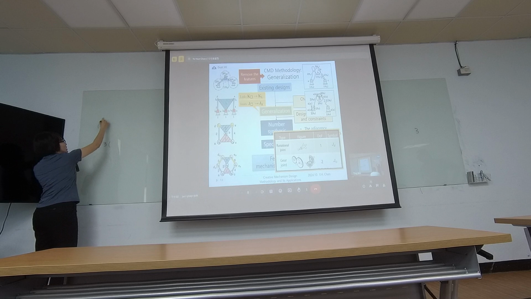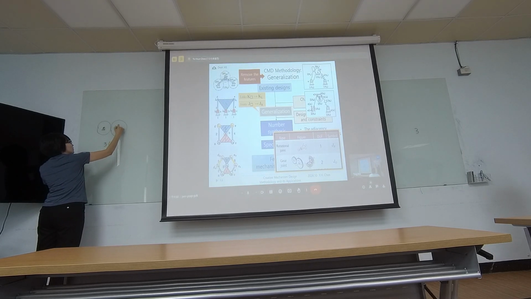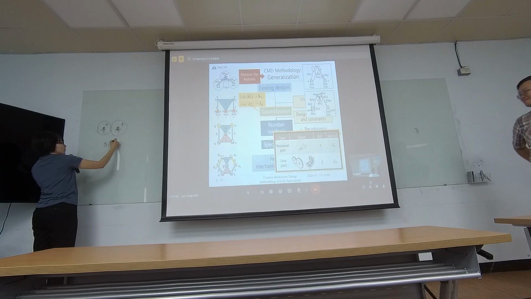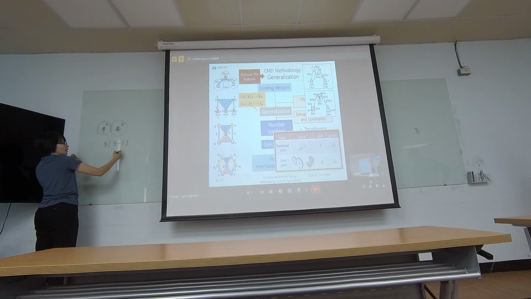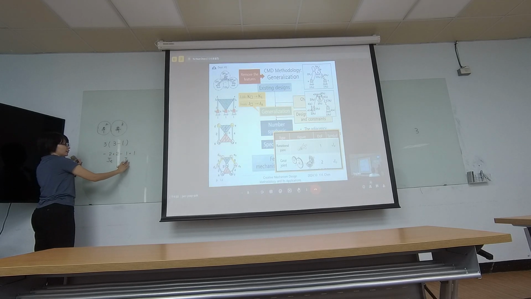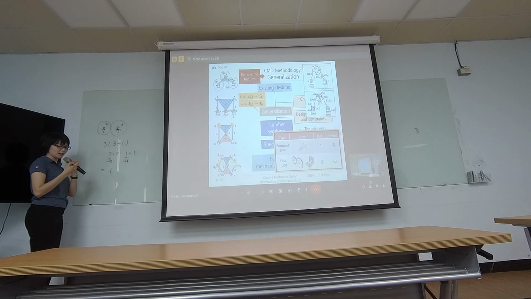And over here, if we have 2 gears only, so we have links 1, 2, and 3. So now we have the number of links is 3, minus the fixed 1. And also we have two revolute joints with the degrees of constraint that is 2. Minus, we have to define the degrees of constraint for the gears, which is only 1. And then we can generate the result, which is 1.